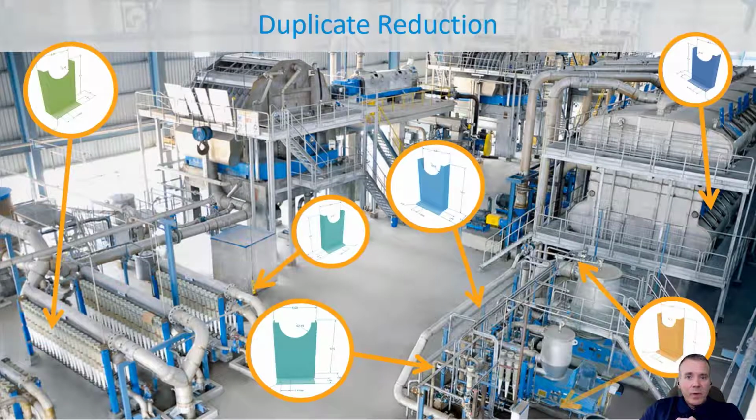And finally, for authors, some updates to duplicate reduction and our duplicate search capability. So if you're not familiar with duplicate search in Vault, this lets you identify parts that have identical geometric definitions.